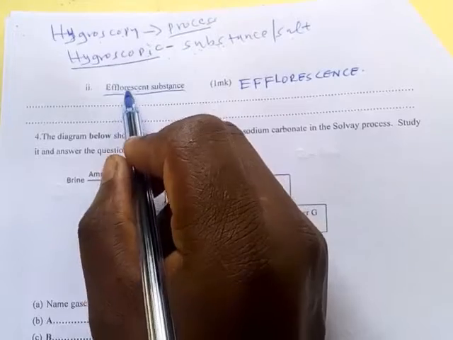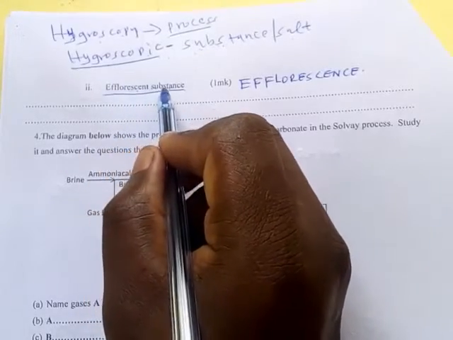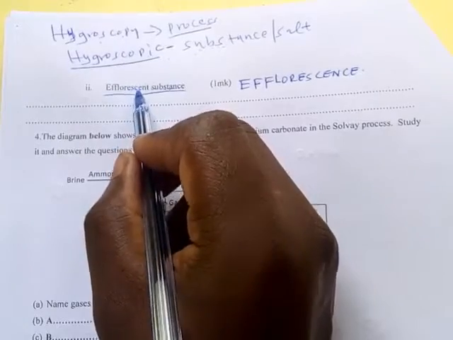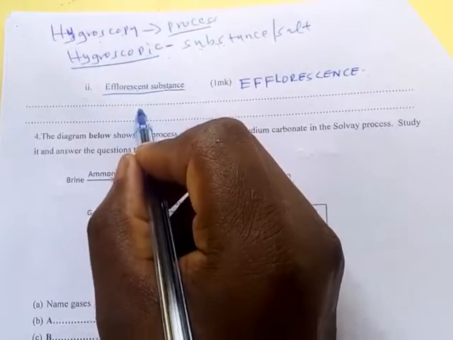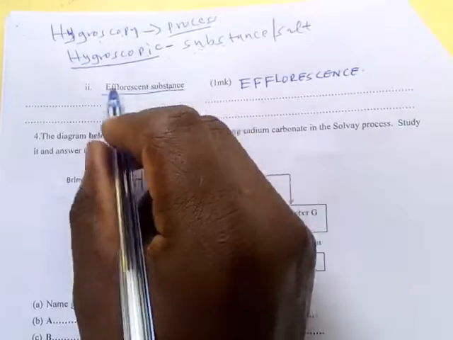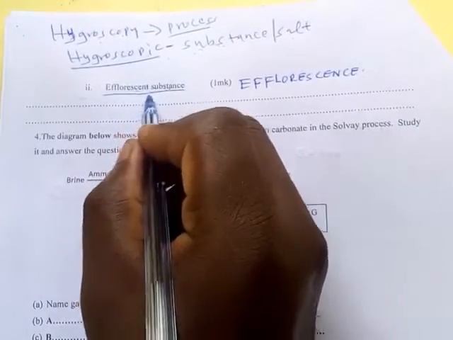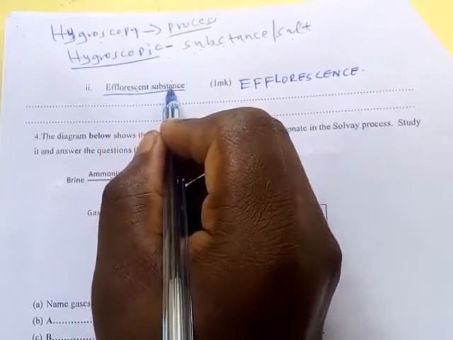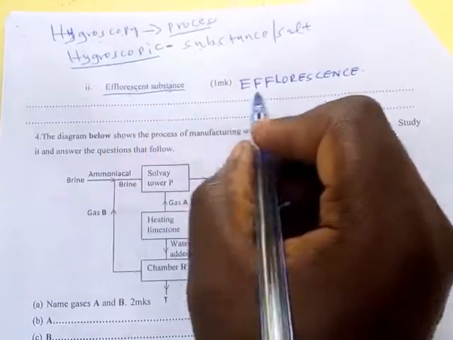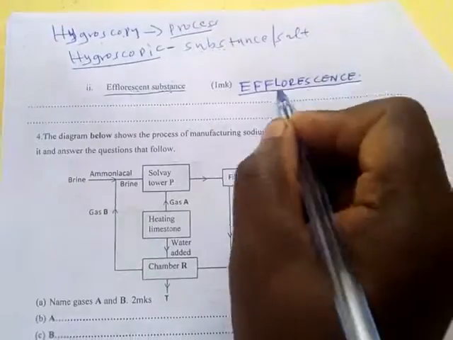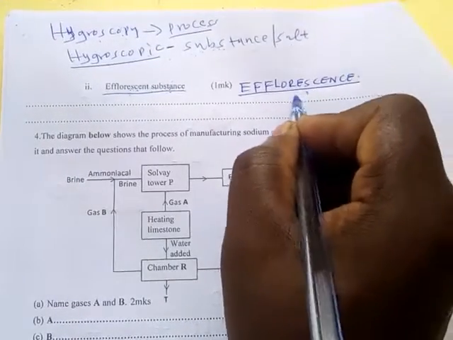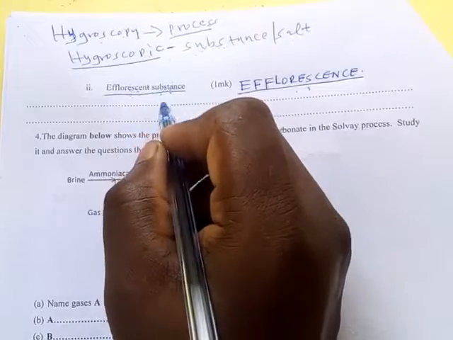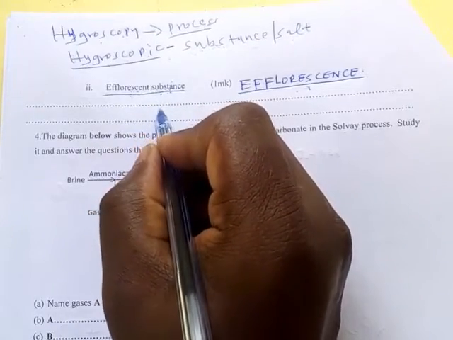So those substances are called efflorescent substances. The process where an efflorescent substance loses its water of crystallization is called efflorescence. Efflorescence is the process where an efflorescent substance loses water of crystallization to the atmosphere.